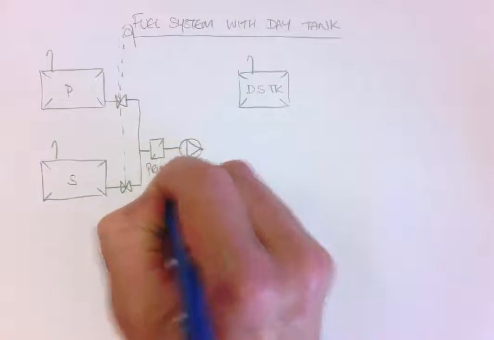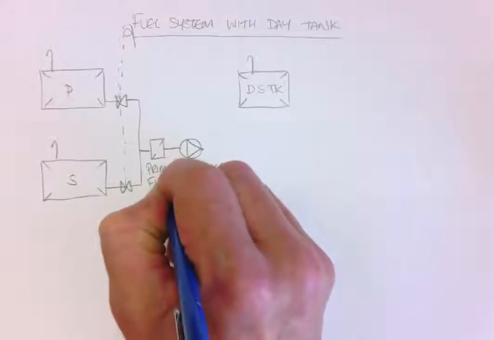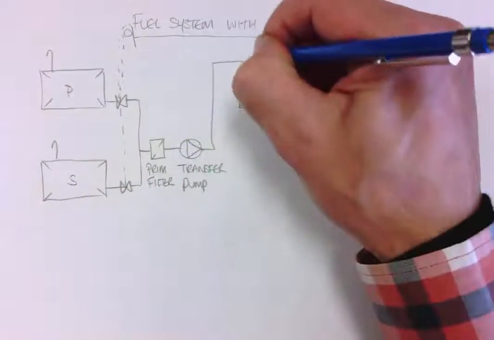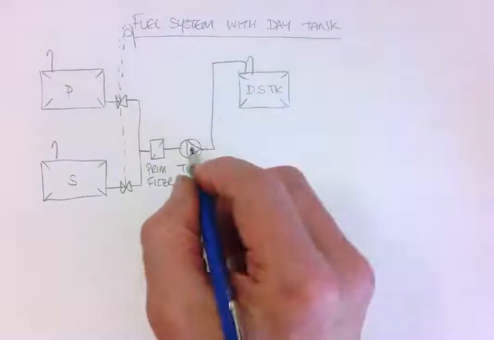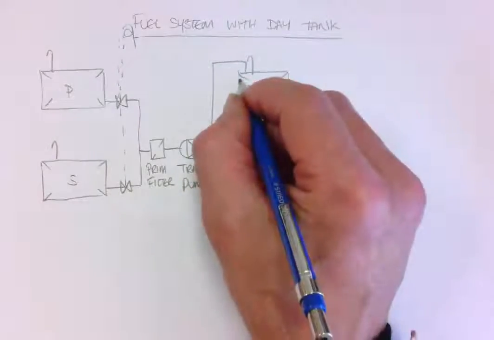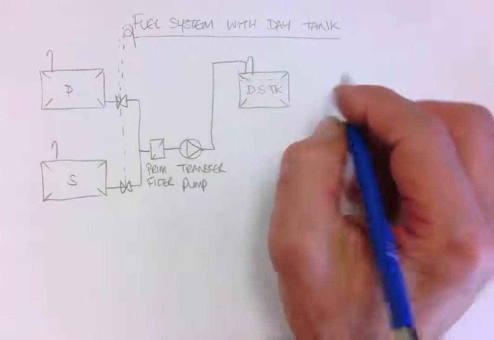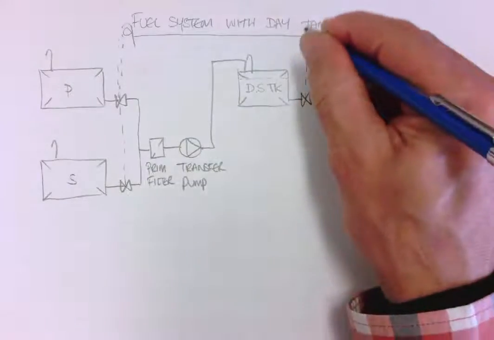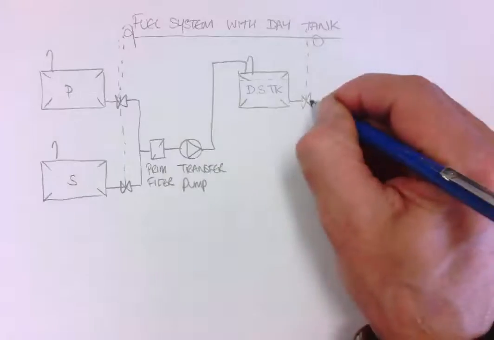Primary filter, and the engineer will start and stop the transfer pump to fill up our daily service tank level, and from there we have a supply valve here, which is also a remote quick closing valve.